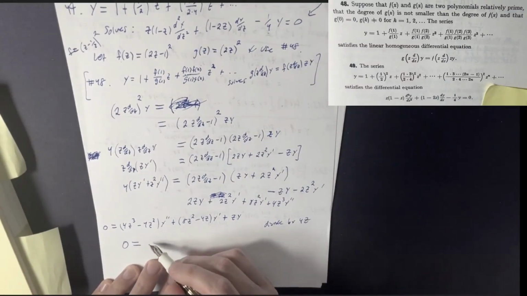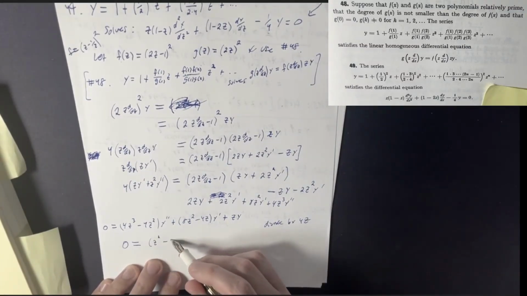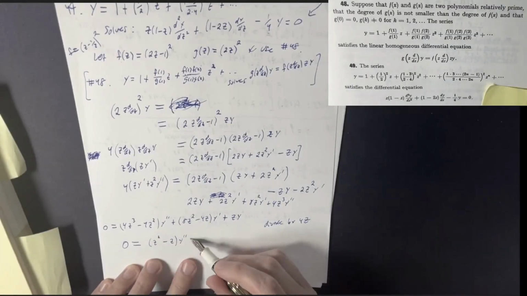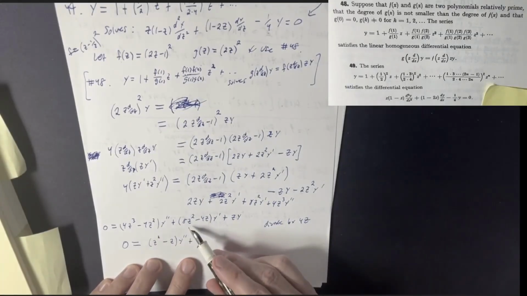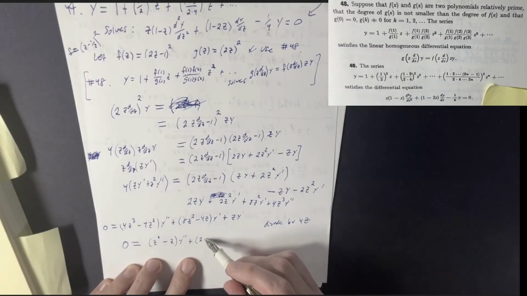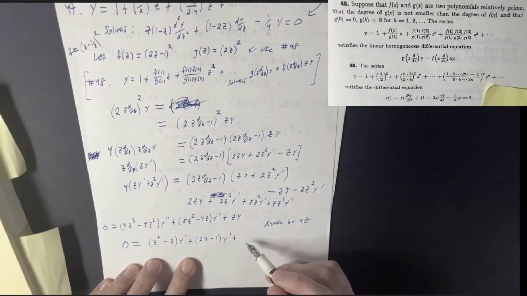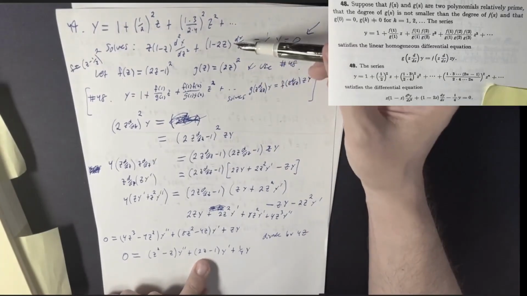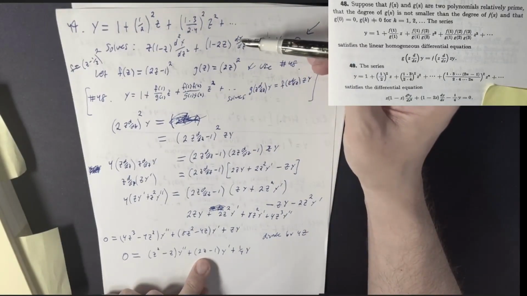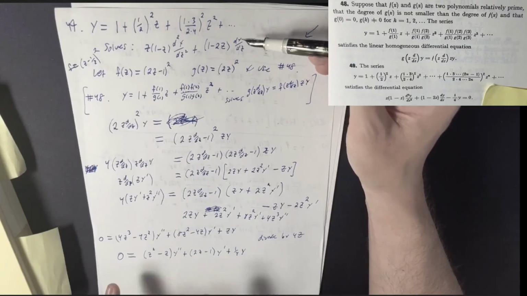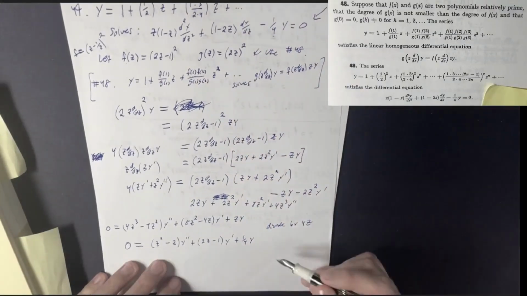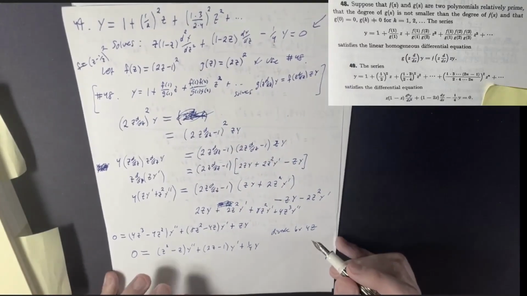And you'll get z squared minus z double prime plus 2z minus 1, yep, plus 1/4 y, which looks awfully familiar. Oh, yep, it's the negative of this, isn't it? Yep, z squared minus z. Okay, so take the negative of this, and we're good to go.